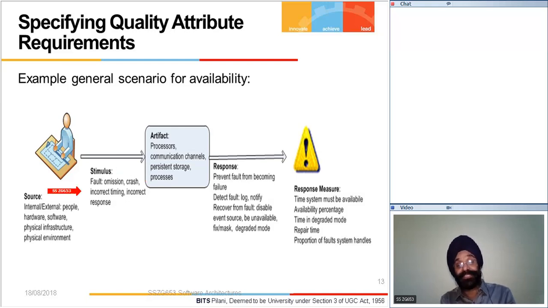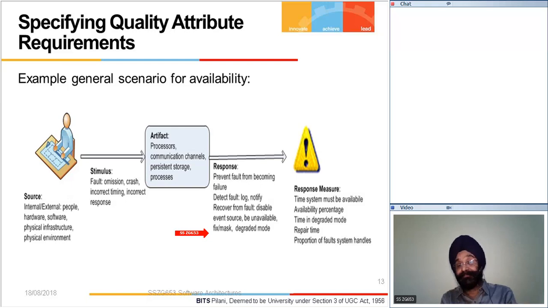Stimulus could be a fault, an omission, a crash, incorrect timing, incorrect response. The source could be internal or external. It could be from people, it could be from hardware, software, physical infrastructure, physical environment, etc. Response could be to prevent the fault. It could be to shut down the system, make the system unavailable. You could fix or mask the fault, or you can run the system under degraded mode.